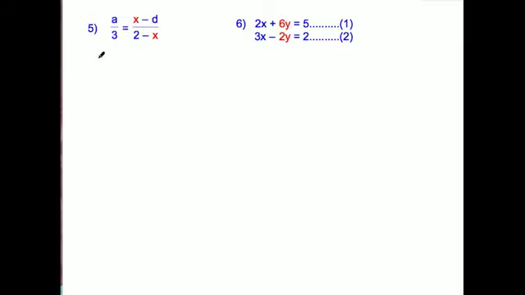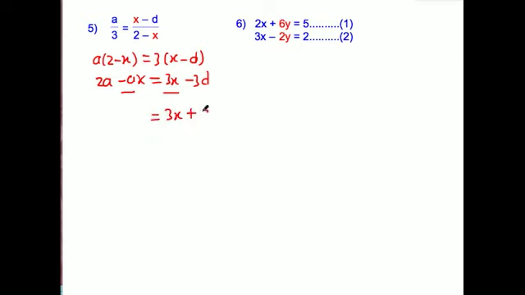To do that, we first cross multiply, then we expand, and we want to collect all the terms that contain x together. That is 3x plus ax. And the other terms, we put them together, 2a plus 3d.